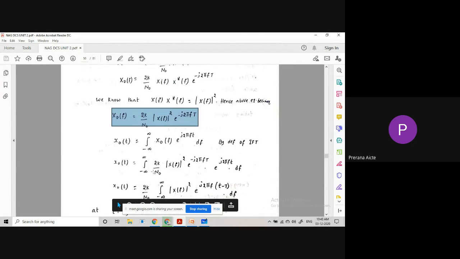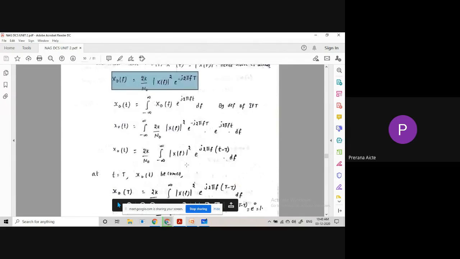So that is the integral of 2K by N naught into mod X of f whole square e power minus j2 pi fT into e power plus j2 pi ft df. Then 2K by N naught, because it is a constant, is taken outside the integral of mod X of f whole square, taking e power j2 pi f as common, so it becomes (t minus T) into df.